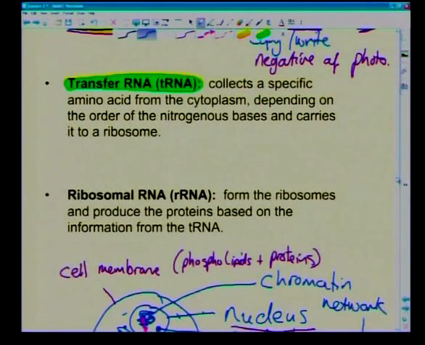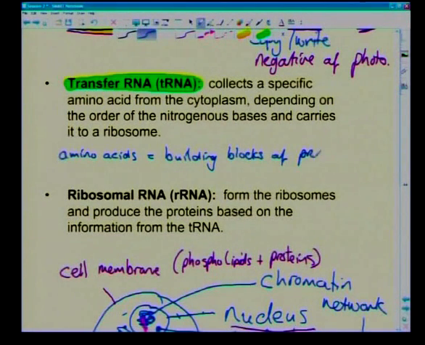Now, amino acids are your building blocks of proteins. Okay, amino acids are the building blocks of proteins, the same as nucleotides are the building blocks of nucleic acids.